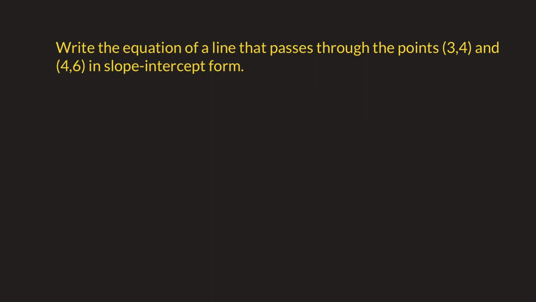3, 4 is a point. 4, 6 is a point. And if we have 2 points, we can determine a line. So we're going to take the points 3, 4 and 4, 6, and run them through the slope formula, just like we did. What are my y values? 6 and 4.